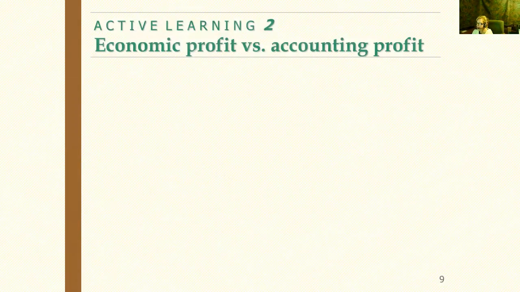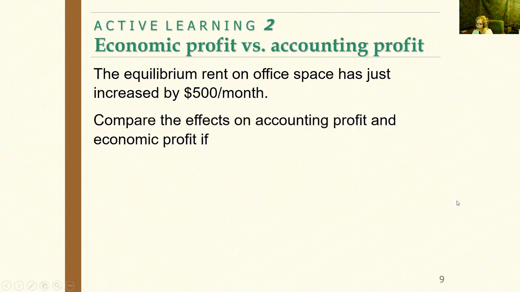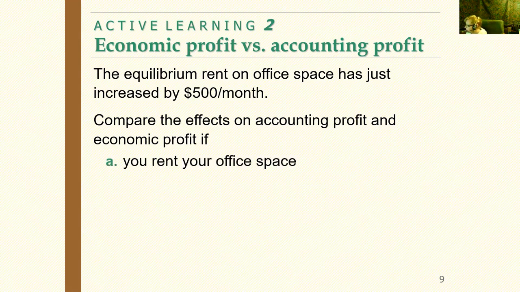Okay, let's take a look at another example. The equilibrium rent on office space has just increased by $500 a month. Compare the effects on accounting profit and economic profit if you rent your office space. Okay, so if you rent your office space, then basically your explicit cost, how much you're paying for your office space, is going to increase by $500 per month.